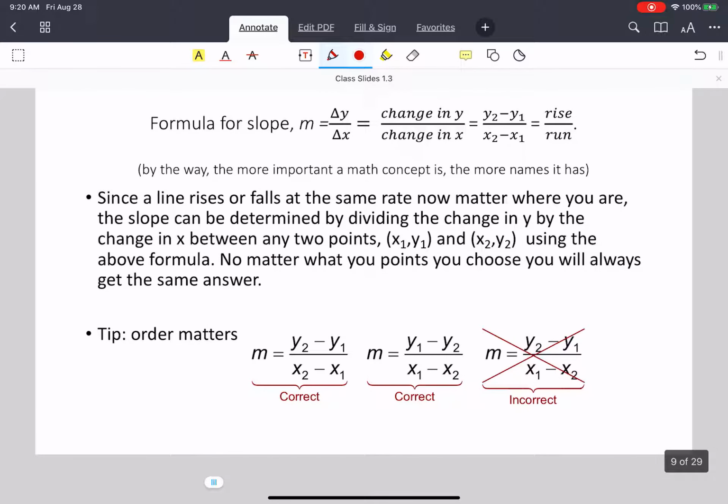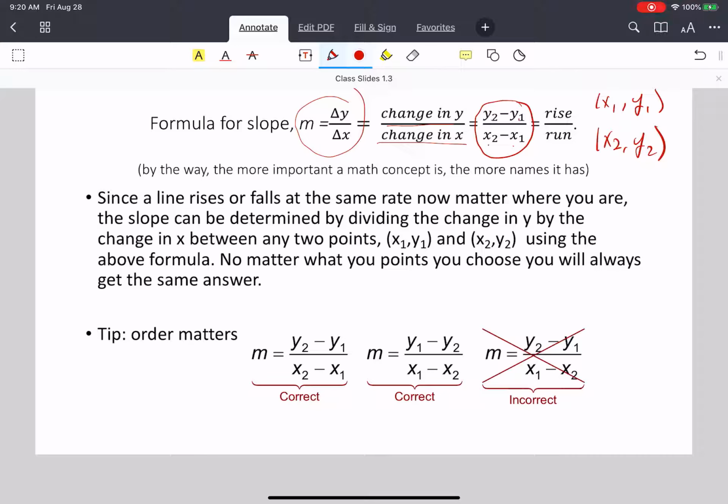So in general, there are different ways of representing and finding slope. In mathematics, we generally say slope is the change in y over the change in x. If you're given 2 points, for instance, x1, y1 and x2, y2, then you can easily compute the slope doing y2 minus y1 over x2 minus x1.